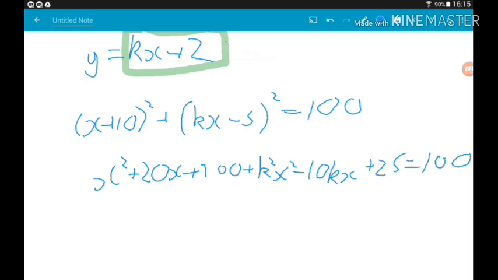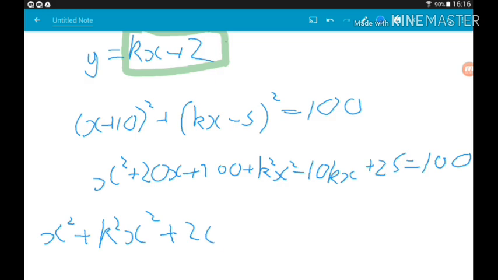Okay, so we've got x squared add k squared x squared. We've got 20x minus 10kx.